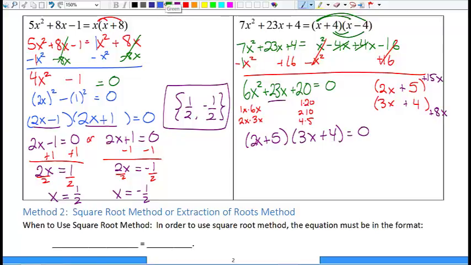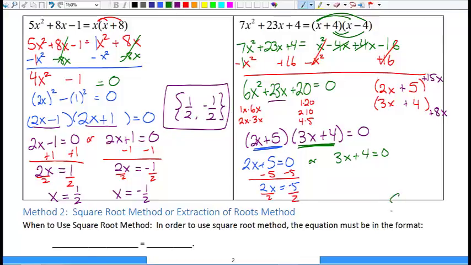And then I set every term with a variable in it. So this term has a variable in it, so I'm going to set that term equal to 0 using the zero product property. This factor has a variable in it, so I'm going to set that equal to 0 as well, and then solve each of those independently. So I have 2x is equal to negative 5. Divide both sides by 2.